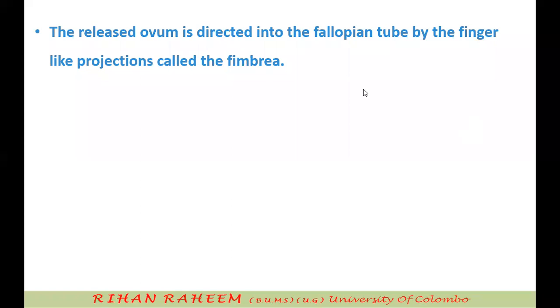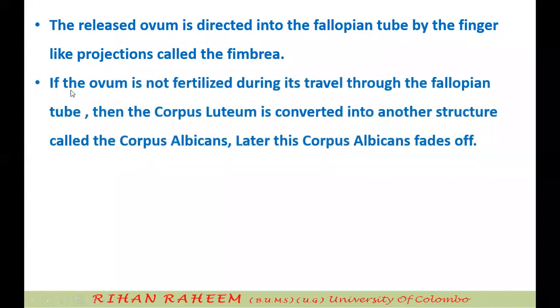I'm not looking at the messages, because if I keep on answering the messages, all are really good questions, but no time. The released ovum is directed into the fallopian tube by the finger-like projections known as the fimbriae. You know that story. If the ovum is not fertilized during its travel through the fallopian tube, then the corpus luteum is converted into another structure called the corpus albicans.